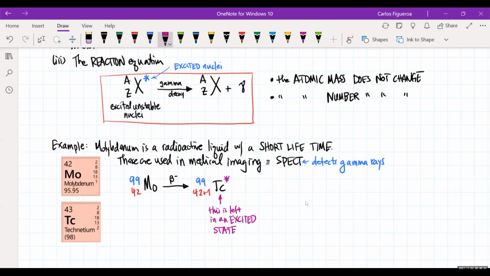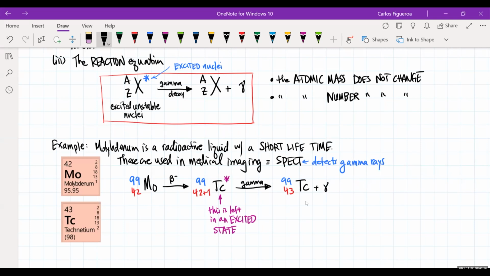And now we have a decay. This one now goes gamma decay, and as it goes gamma decay, it does not change its numbers. It goes like this, and then it emits the gamma.